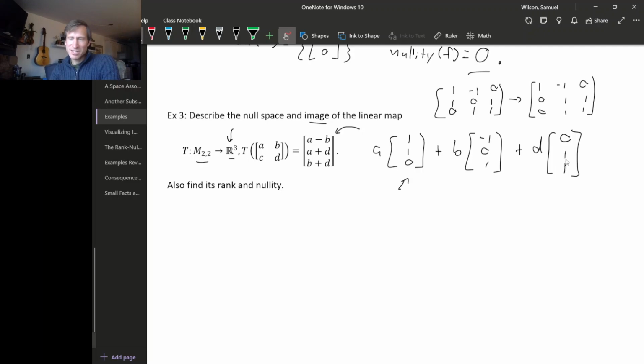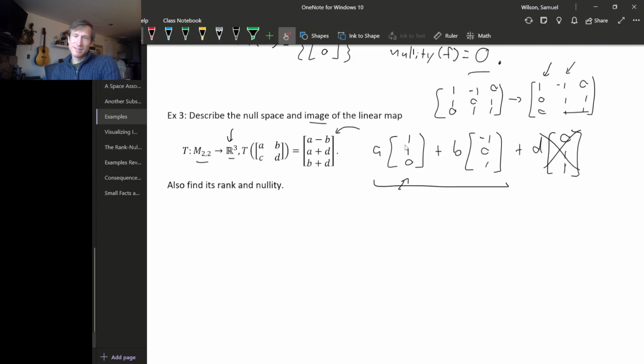So we don't actually need all of these, because in the next step of row reducing, we can zero out this row. So that means we don't actually need all three of these. We can discard. The pivots tell us that we need the first two, so we can discard the third one. So this is actually our image, so we have a basis of our image.